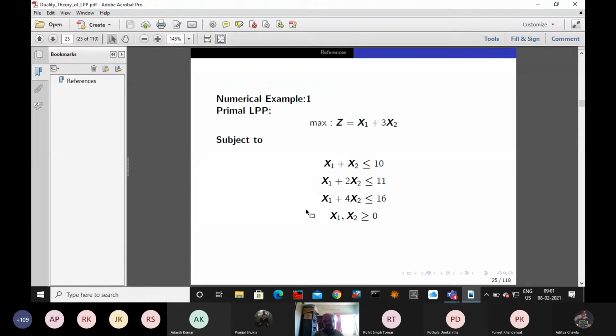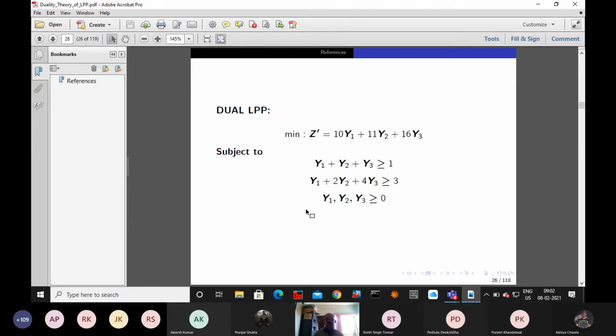How many? 3. Yes, 3. 3 constraints, 3 dual variables. And 2 primal variables means 2 dual constants. Okay.